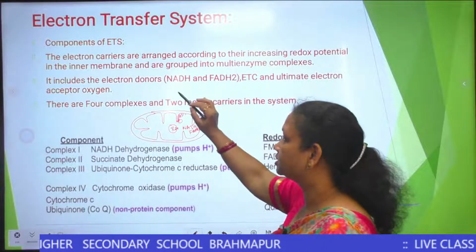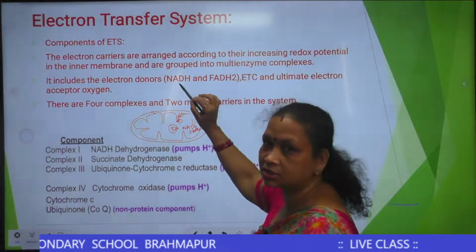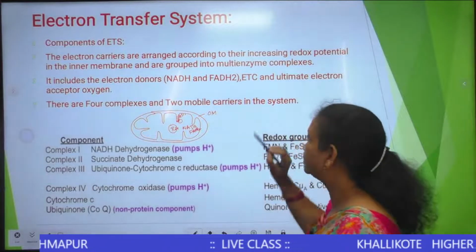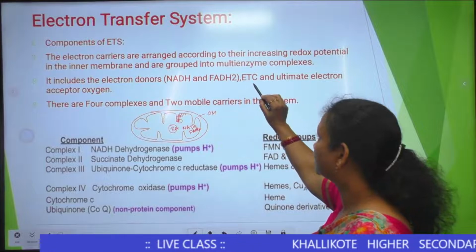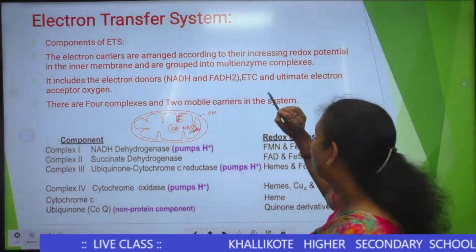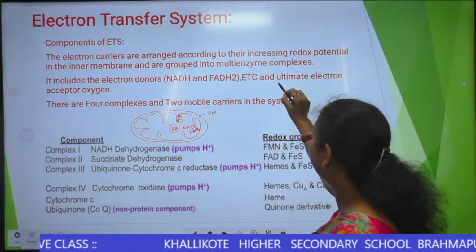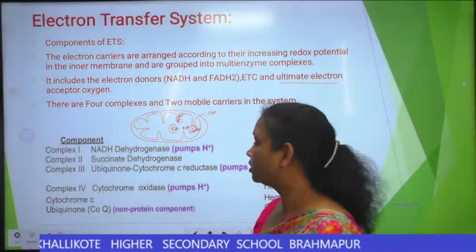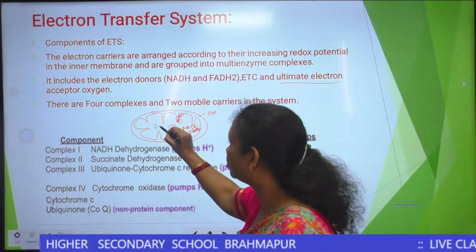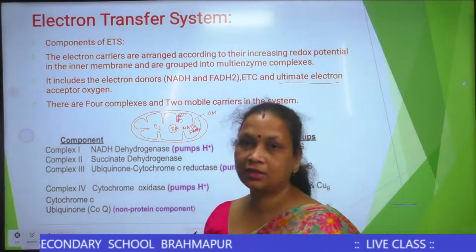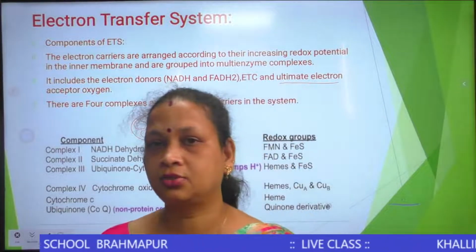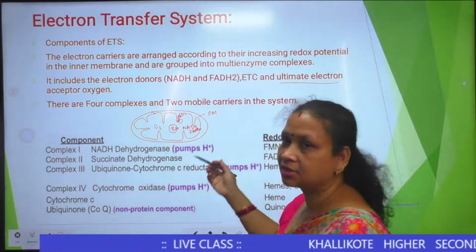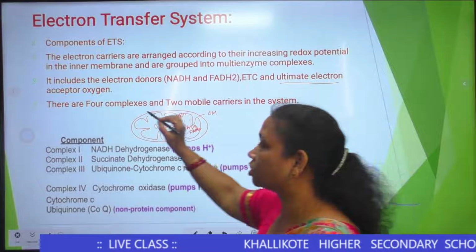So, it consists of the electron donors, that is NADH and FADH2. Then there are electron transport carriers and also the ultimate electron acceptor, which is oxygen, present in the mitochondrial membrane. So, until now we have not seen the direct usage of oxygen, which will be acting as the terminal electron acceptor.